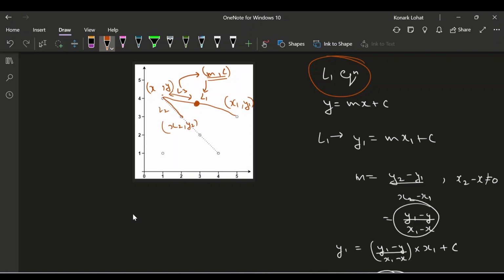With every point you can calculate which line it corresponds to. If they are from L1, okay, let's say we have a point here, p and q, right? So xy and x1 y1 are forming a line which has a slope m and intercept c.